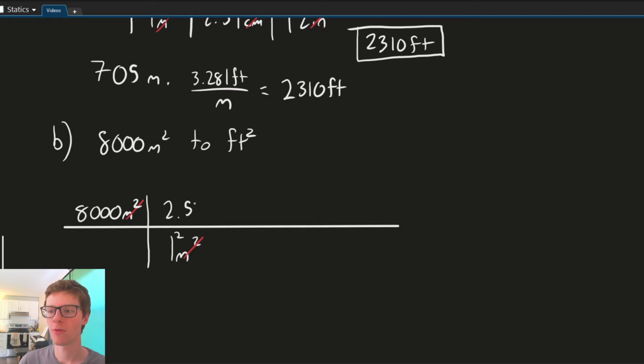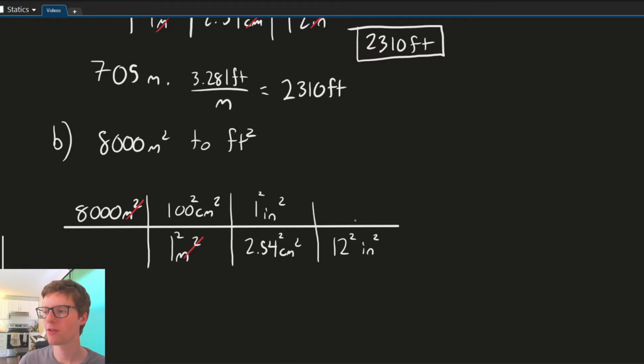So that's going to be not 2.54. That's going to be 100 centimeters squared, 2.54 centimeters squared for 1 inch squared. And you don't need the squared on the 1, but I just do it for completion's sake. 12 squared, inches squared, 1 foot squared.